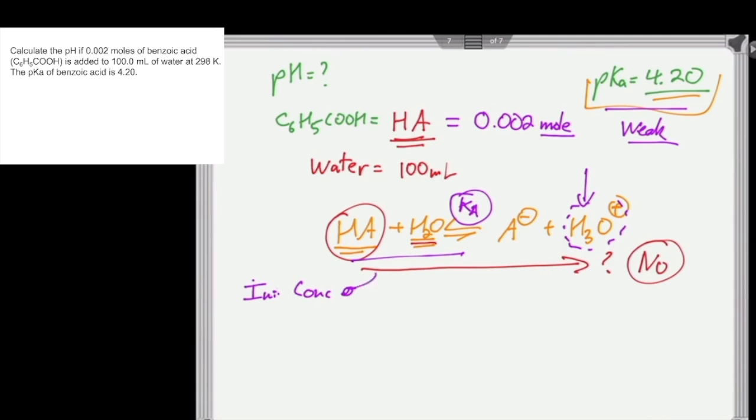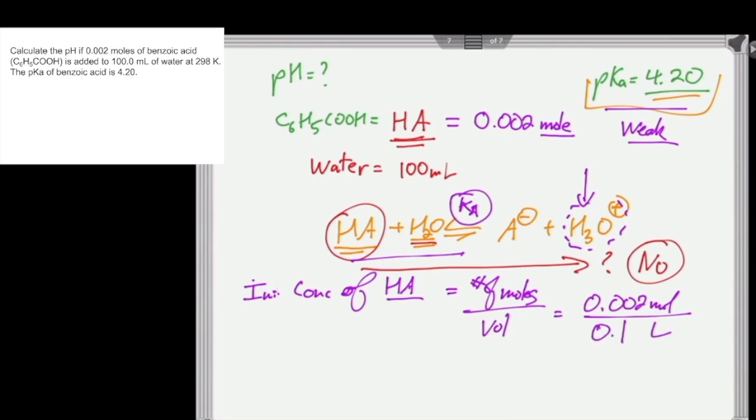Initial concentration of my HA component. All right, well, I've got that. The concentration of any species is the number of moles over the volume, which in this case is 0.002 moles over 0.1 liter, right?